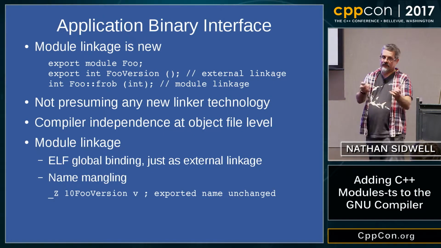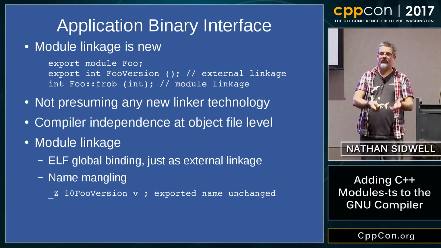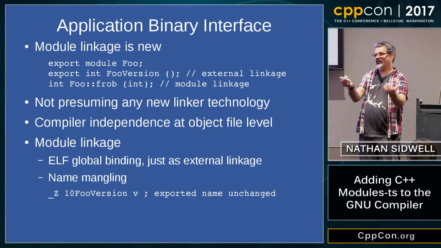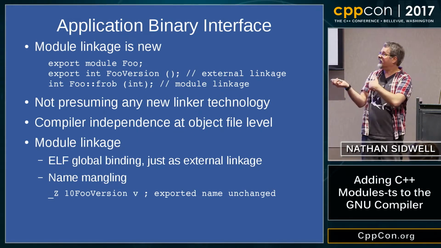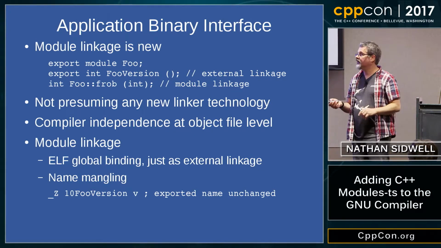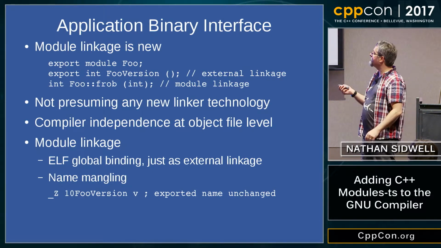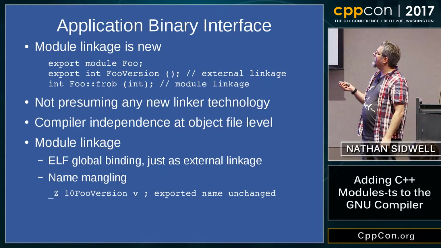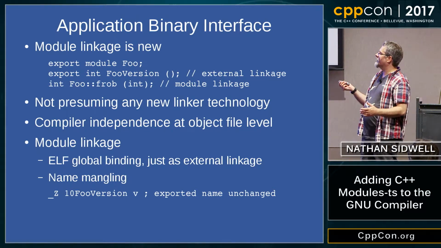So name mangling, which is the scheme that we have already for saying if we've got multiple foo functions in an overload set, I have to distinguish them at the symbol level. And you may have seen these symbols if your linker was not demangling them for you. That's the scheme that we have. Here, I put spaces in them to make them more readable, but it's all one underbar Z name and some stuff.